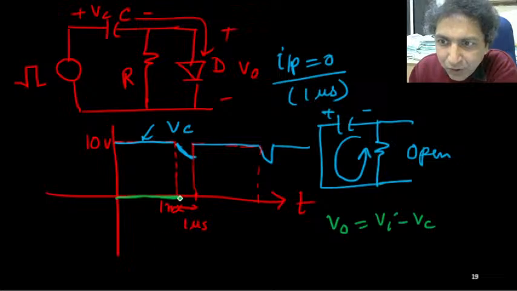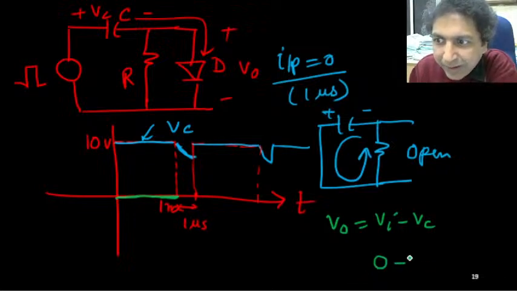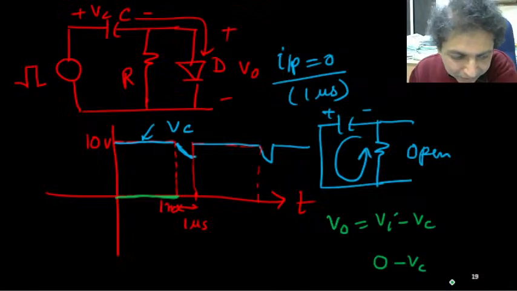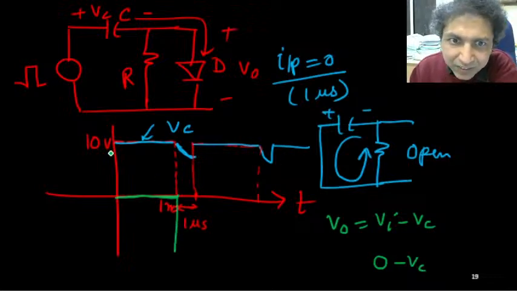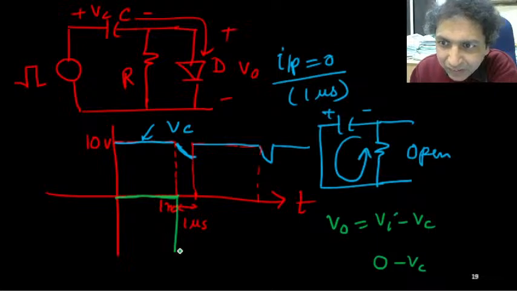Now beyond 1 millisecond, what is happening? Input is absent, is 0, no input, only Vc is there. So 0 minus Vc. Vc was 10. So suddenly it is becoming minus 10 volt.